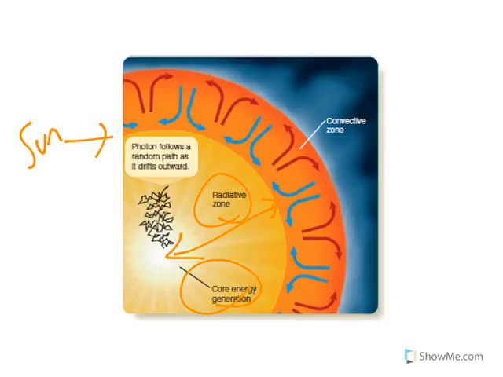So the interior, from the center to about 2/3 of the way out, is the radiative zone. There is no mass motion of material. You can't see this energy being transported. Only in the last 1/3 region will you see material moving, and that is in our convective zone.